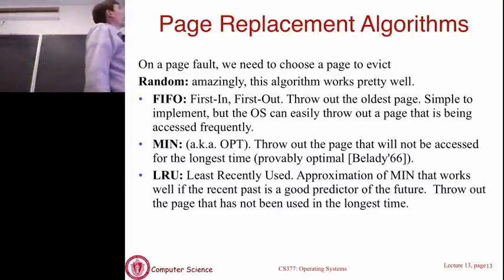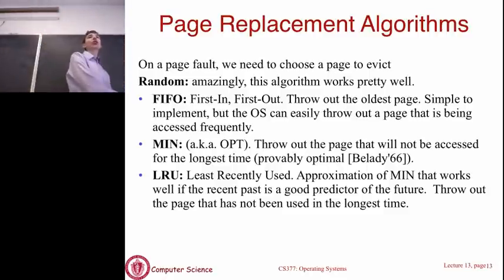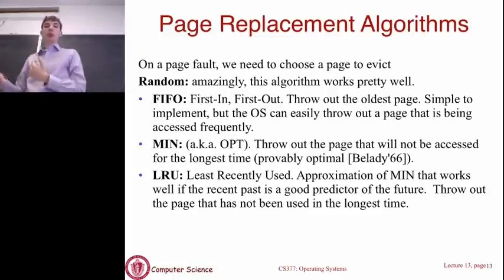It's just kind of the same idea here. We have this nice, simple, provably optimal policy that we can't actually do because we can't see the future. So instead, we're going to assume that the past is a good predictor of the future, and just design a policy that we can actually implement that will hopefully give us close to the optimal performance.